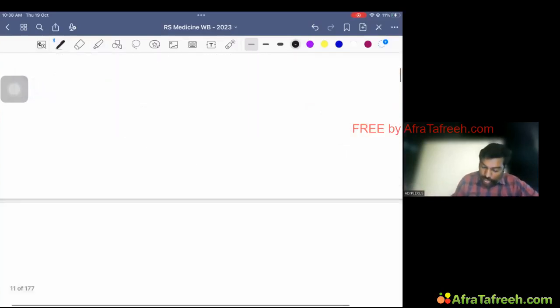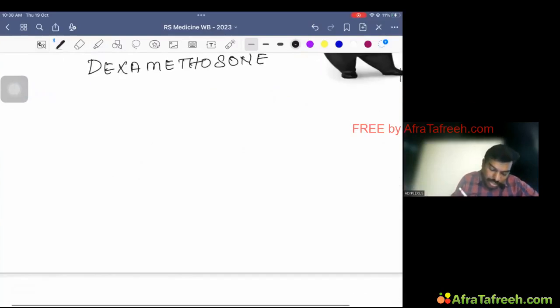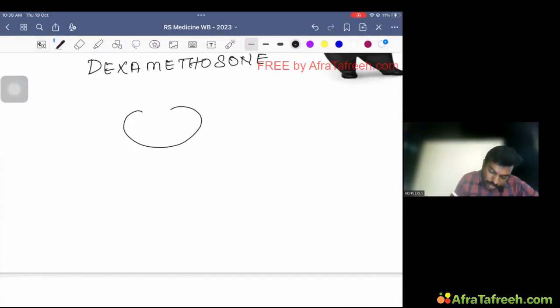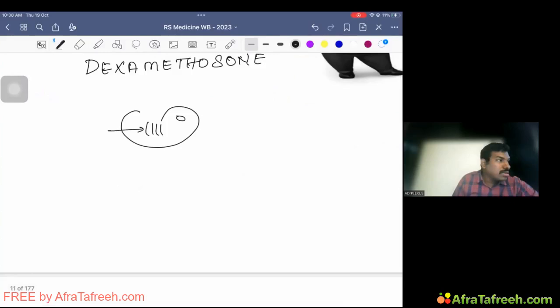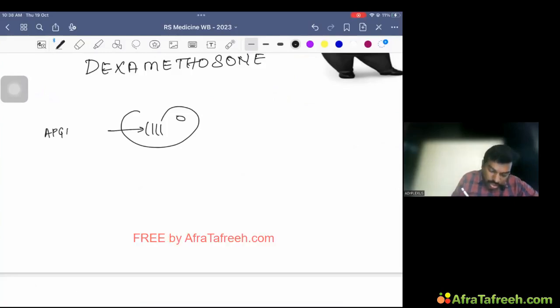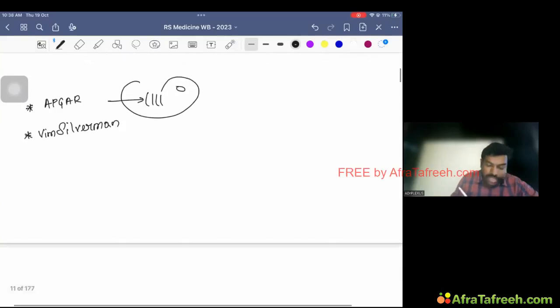Now your baby is delivered, and the baby is having respiratory distress. What scale are you using? You are checking the Apgar score, and the Silverman scale. This was one famous initial question in pediatrics, the Silverman scale. Both scales are checked and the baby is having distress.